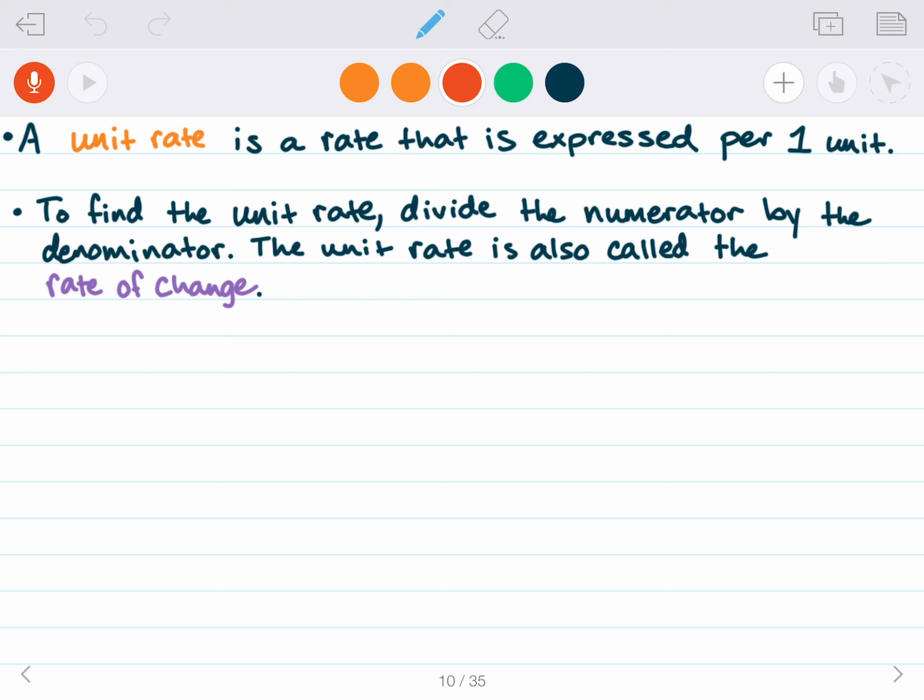Now, a special type of rate that we talk about a lot in math, and that you probably use a lot in your own real-world experience, is the unit rate. And the unit rate is just a rate that has a denominator of 1 unit.